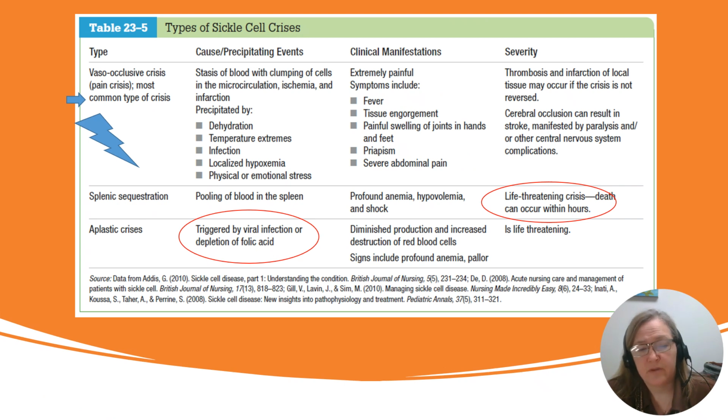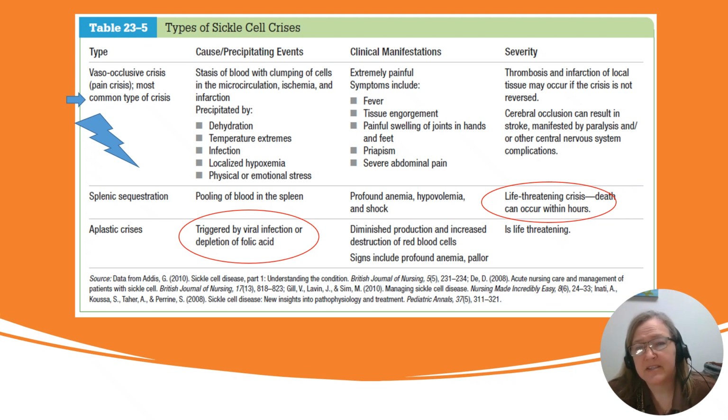All right, one of the most important things to know about sickle cell disease is the things that are potentially life-threatening or can cause loss of life or limb. Vaso-occlusive crises are generally pain crises, and they're the most common type of event to happen in people with sickle cell.